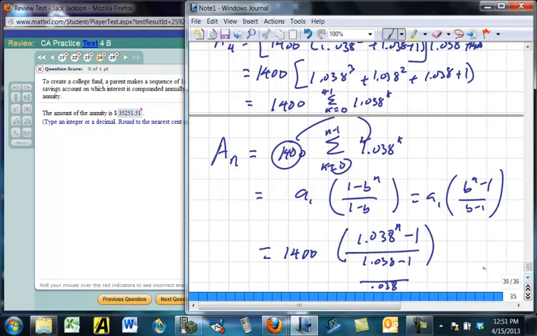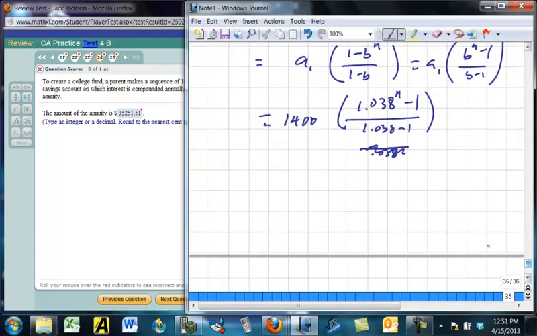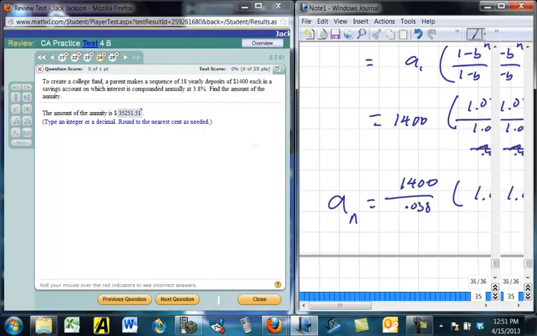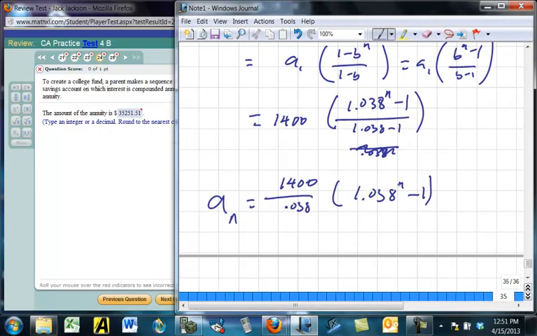Well, let me do it this way. 1400 divided by 0.038, and this is 1.038 to the n, and then minus 1. So that's the amount after n payments. Okay, how many years are we going to do it? 18 payments. So just plug in n as 18.